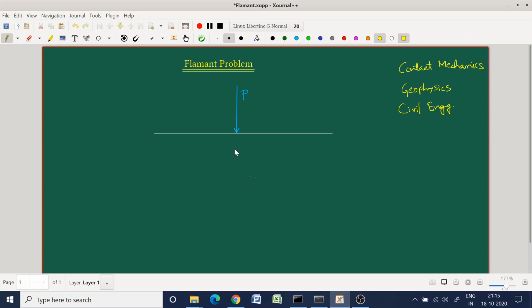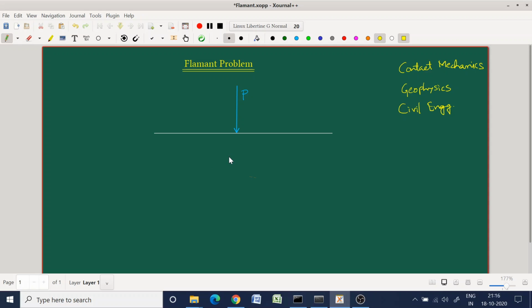Furthermore, closer home to mechanical engineering, suppose you have some kind of indenter acting on a flat surface which has some depth, and maybe the dimensions and the loading of that indenter is such that the thickness of the material can, for all practical purposes, be considered to be some sort of a half space or infinite half space. Then also this is a good enough model for that situation.